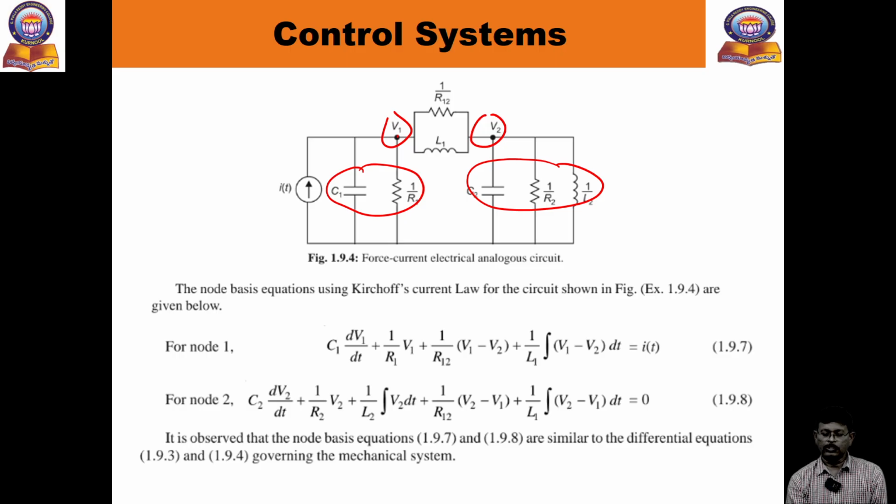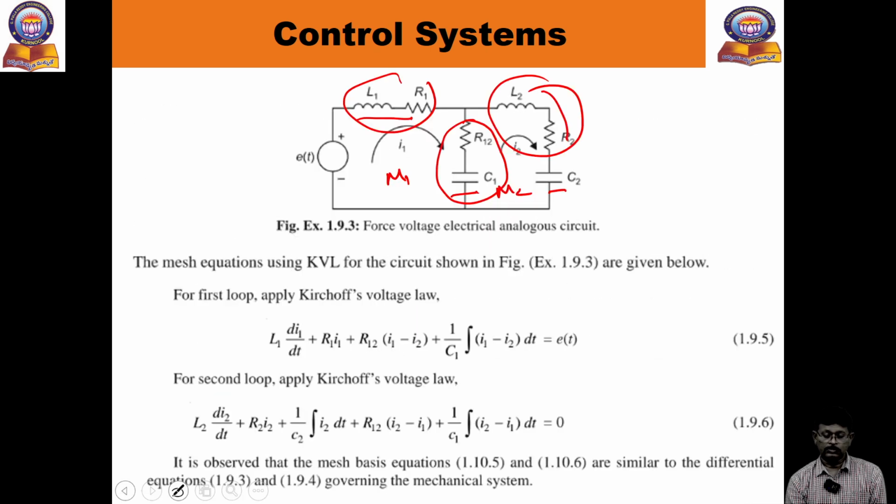These are the individual elements, C1 and 1/R1, then C2, 1/R2 and 1/L2. Here you get series with parallel, and there parallel with series. So you can observe the difference between the circuits.